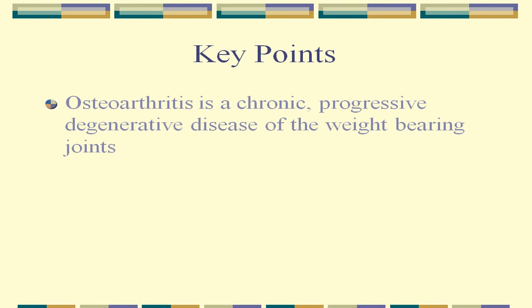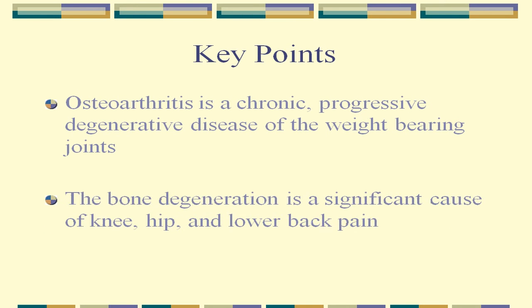So our key points again: osteoarthritis is a chronic progressive degenerative disease of the weight-bearing joints. The bone degeneration is a significant cause of knee, hip, and lower back pain.